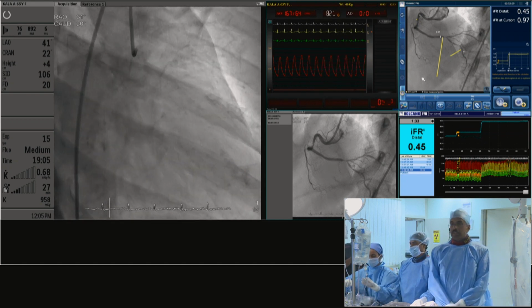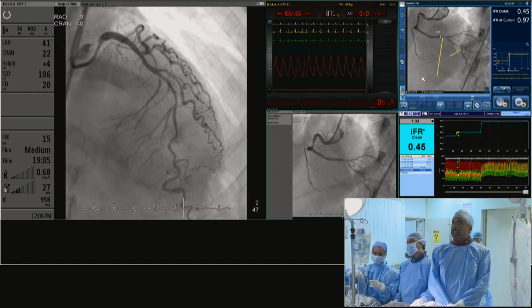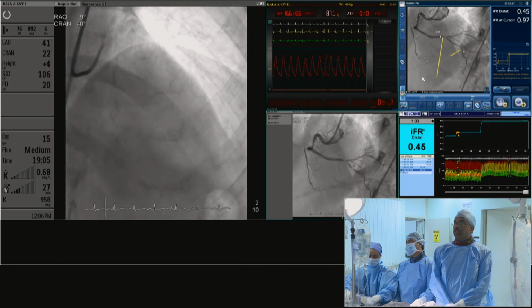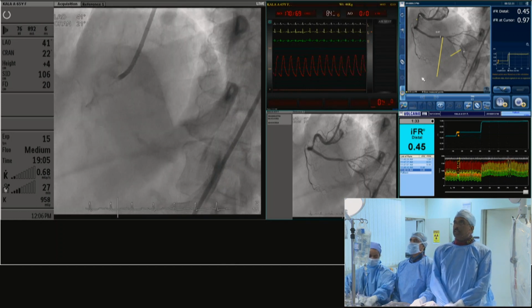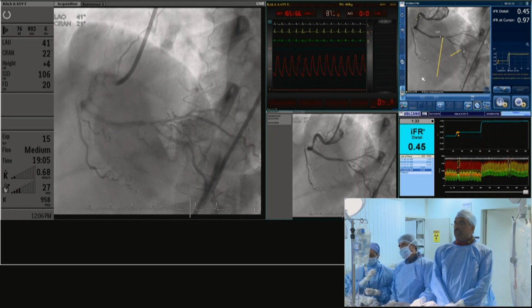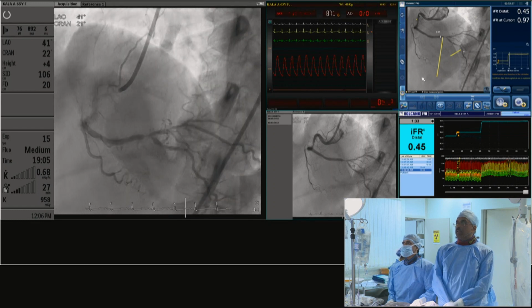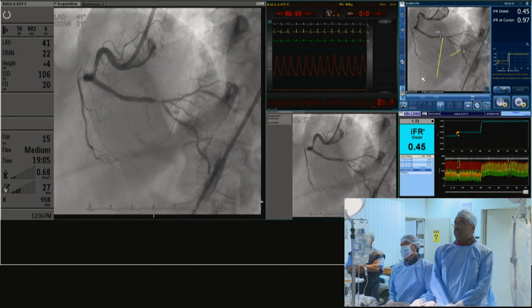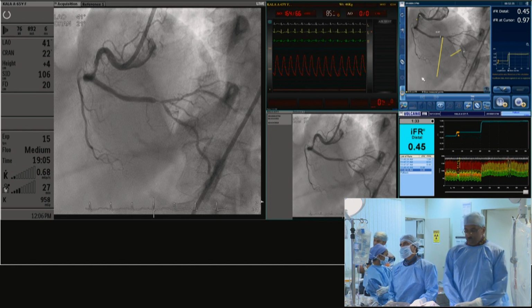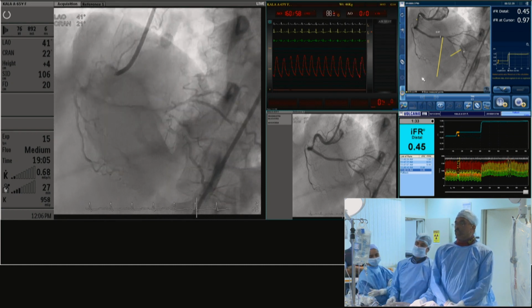Okay, so we can see today's next view, please. And there is that mid LAD lesion after nitroglycerine, doesn't look too significant. And the right, you can see clearly 3 lesions, one calcified in the mid segment, distal RCA, significant stenosis, and a PDA. So what do you think we should do?